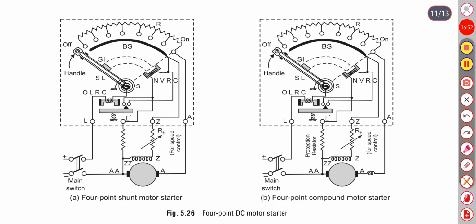Here you can see a 4-point shunt motor starter. This is also a 4-point shunt motor starter. In the 3-point starter there was only 1 point Z. In this, 1 point is extra, and a variable resistance is connected in series with the field winding for speed control purposes. The same thing is represented in this.